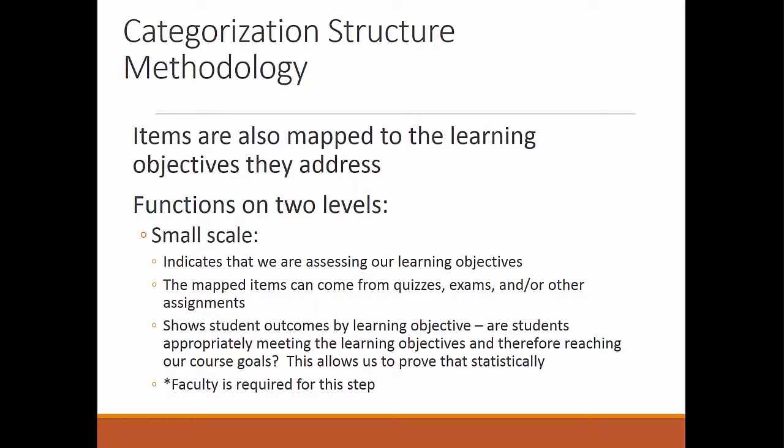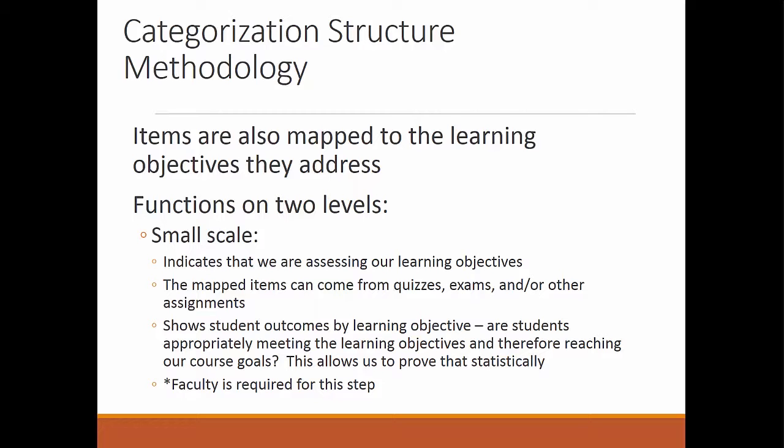And again, if we can show that the students are meeting the learning objectives appropriately, then that proves that they're meeting our course goals, and then taking that to the next level throughout the whole mapping of the curriculum. From course goals, we can map it up to the competencies of our accrediting body, and we can map it to our program goals as an institution, and all the way up to the mission.